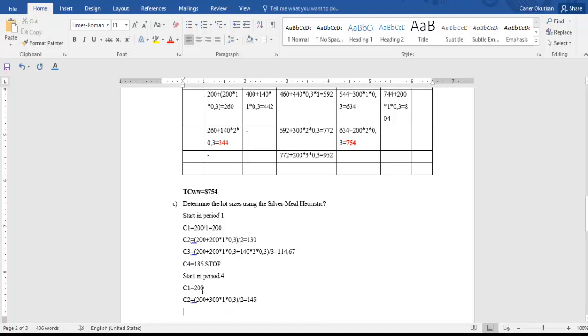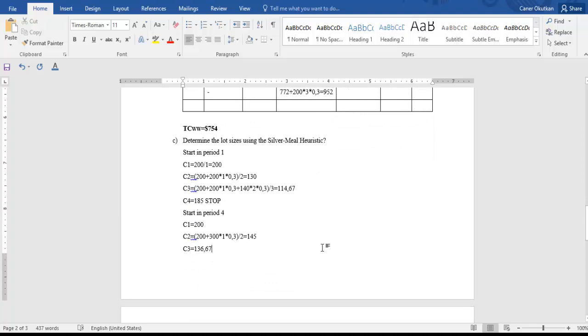We can see 200 and 145 decrease, equals 136.67, so decrease continue and we finish the period. So we can say we order in period 1 and in period 4.